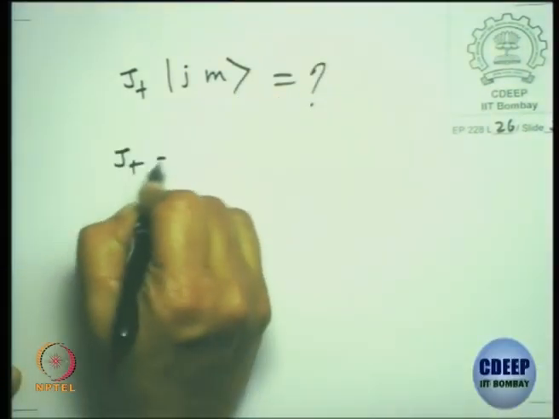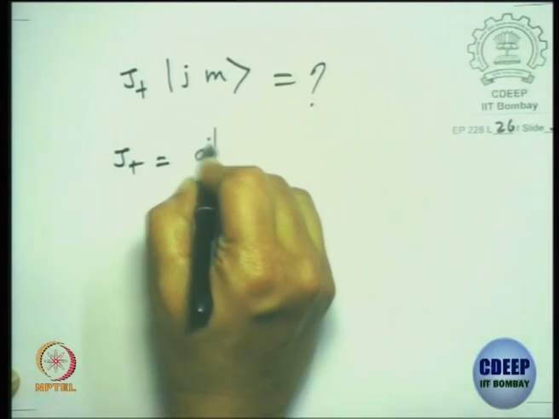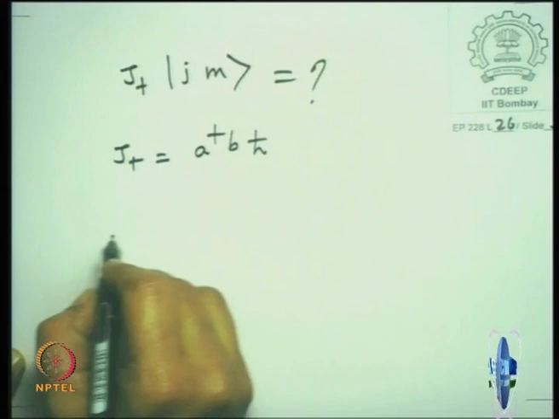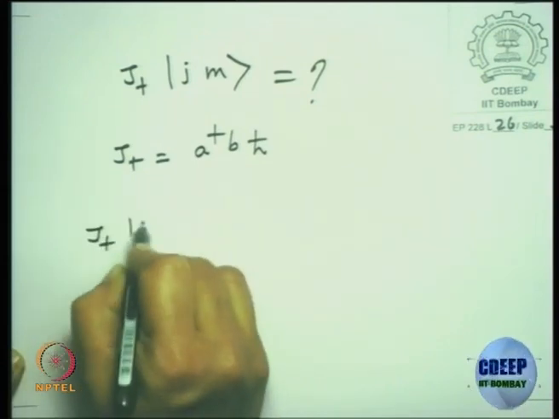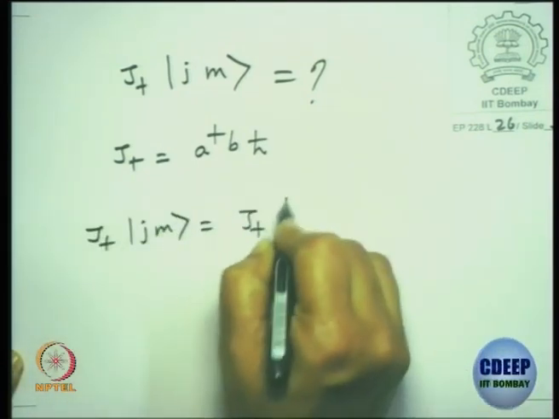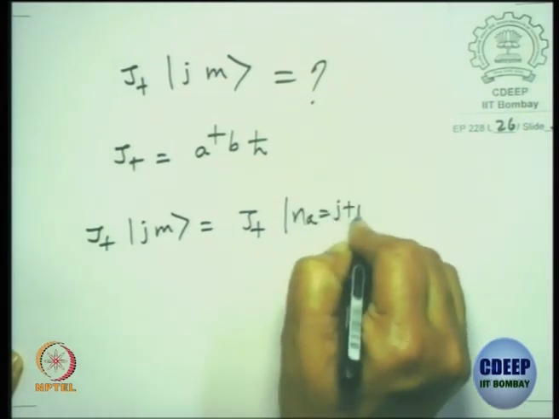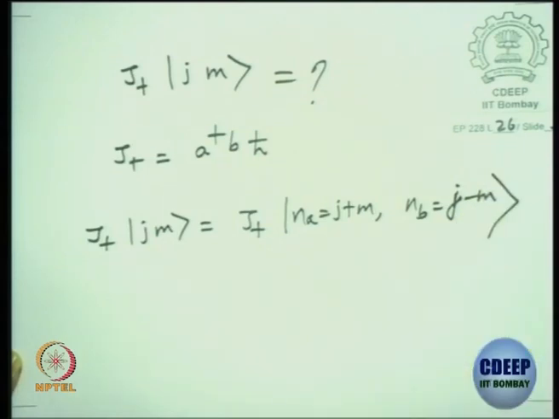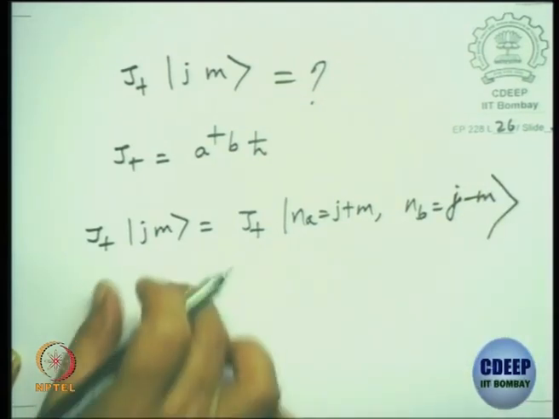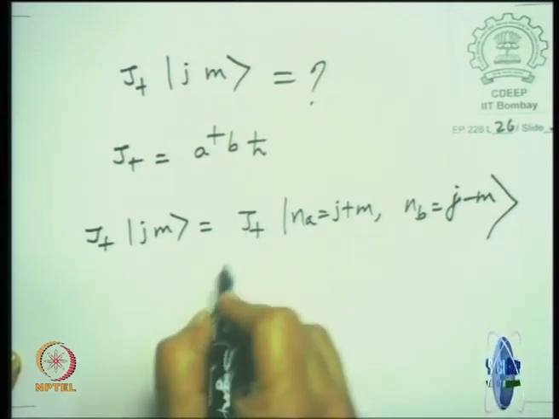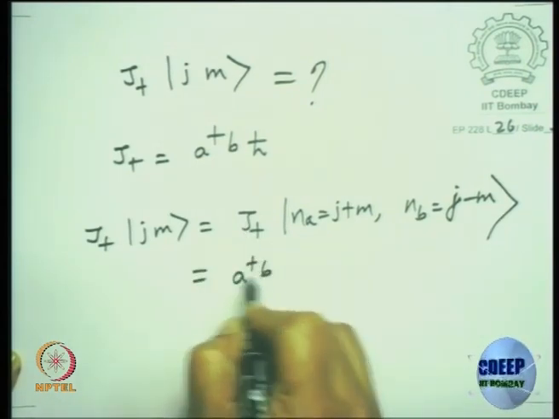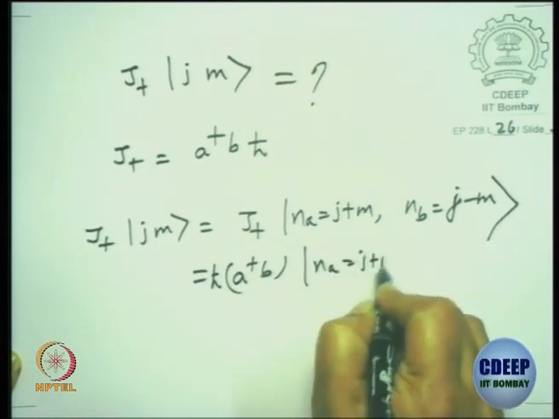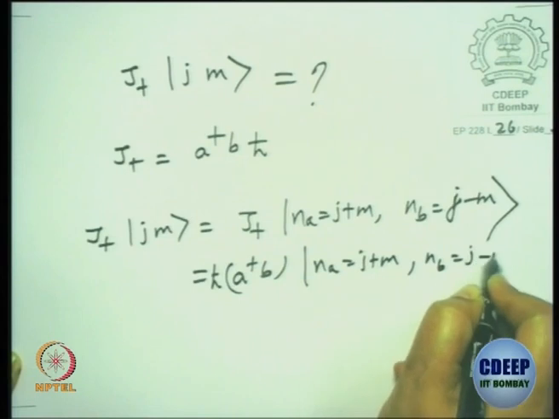J plus has a representation which is A dagger B H cross. So, you want to operate J plus on Jm, which is equivalent to J plus on Na equal to J plus M and Nb equal to J minus M. The state is the same. And here I can operate A dagger B, H cross is anyway a number, on Na equal to J plus M, Nb equal to J minus M.